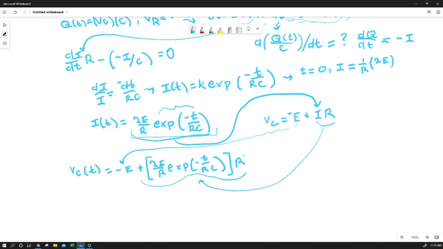Okay, well, one thing we can notice is these two R's cancel, and we can say voltage at that point B at any time is equal to, we can factor out an E, negative 1 plus 2 exponent.